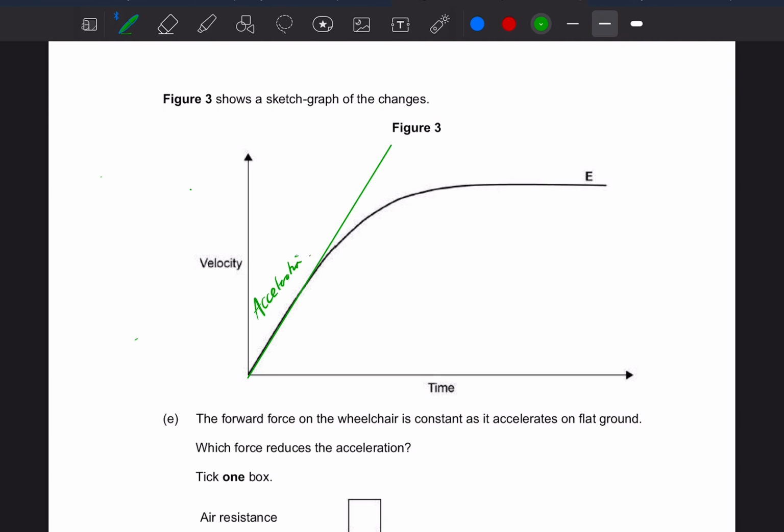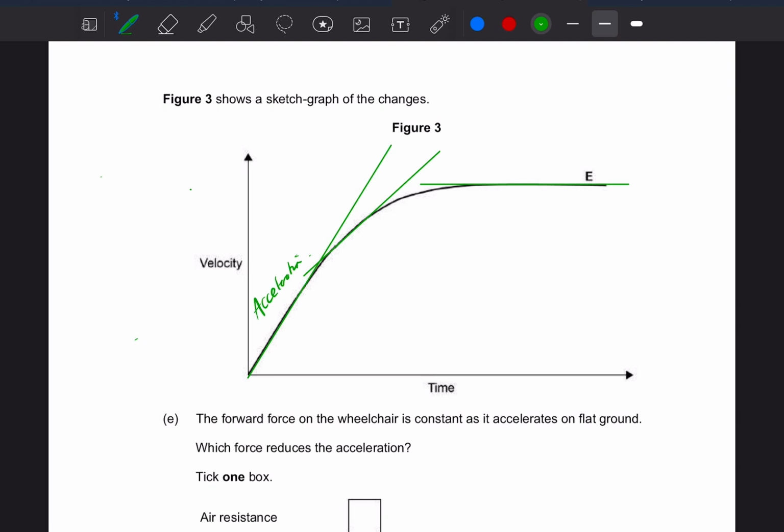So you can see that the object accelerates quite quickly, and then we've got this other gradient here where it starts to slow down. It's still accelerating, and then we've got another part at E where it's flat, so the object won't be accelerating, it will have a constant speed. So we've got 3 stages in this graph at least.